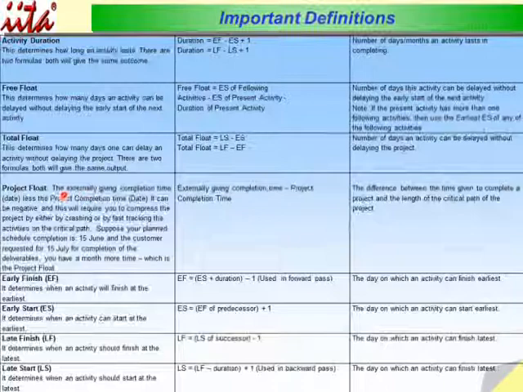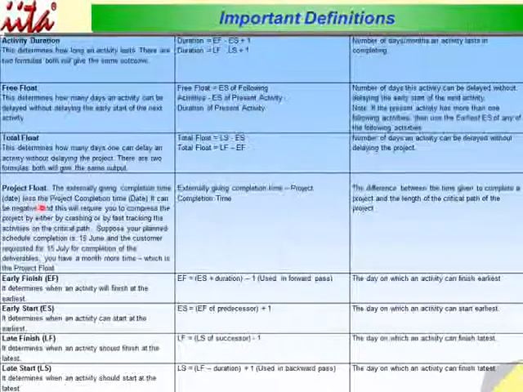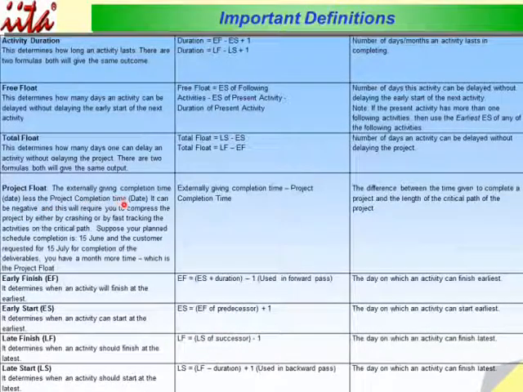Project float: this is the externally given completion time or date less the project completion time or date. It can be negative, and this requires you to compress the project by crashing or by fast tracking the activities on the critical path.